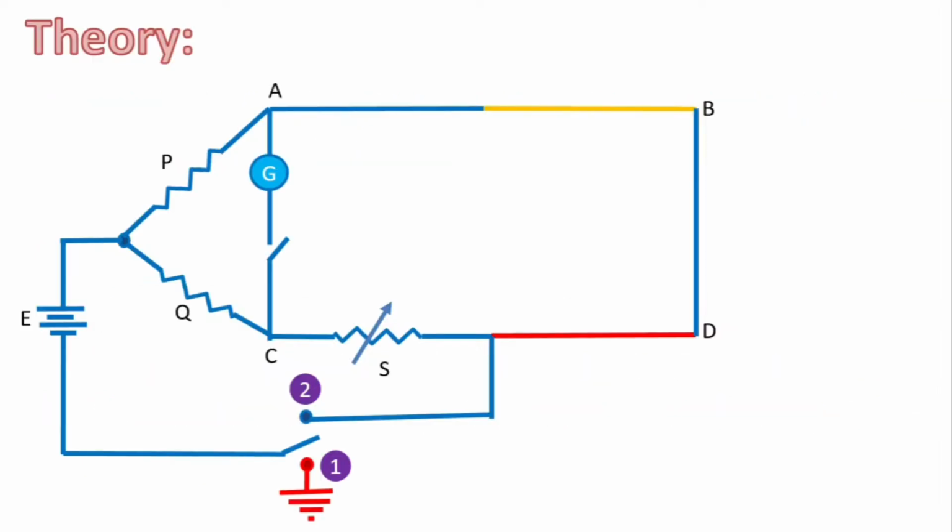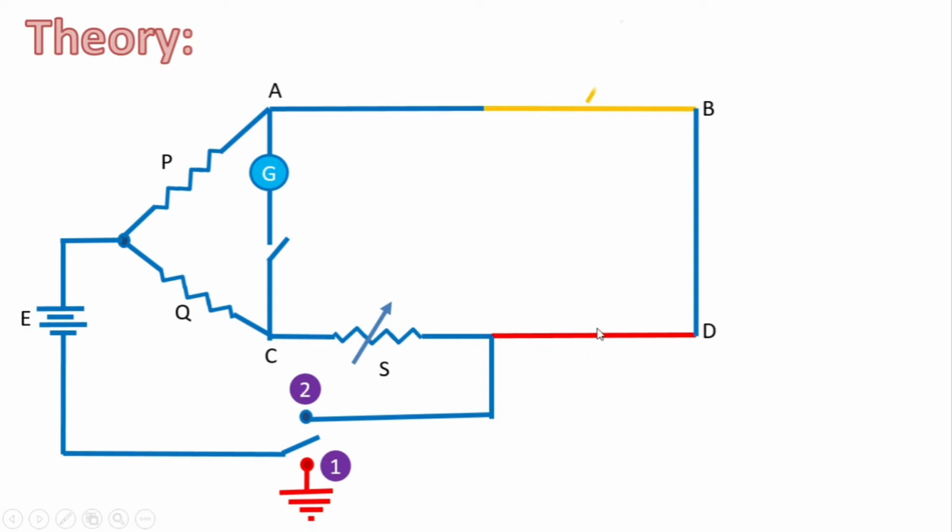If I look at the equivalent circuit diagram for this experiment, there are two arms, P and Q. The ratio of P and Q is fixed resistances, and the bridge is balanced with the help of this variable resistance S. Here you should have a sound or healthy cable along with the faulty one.